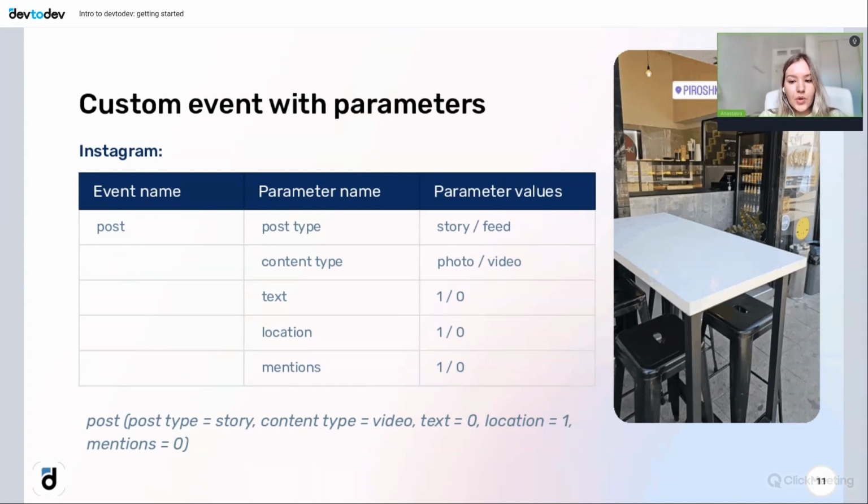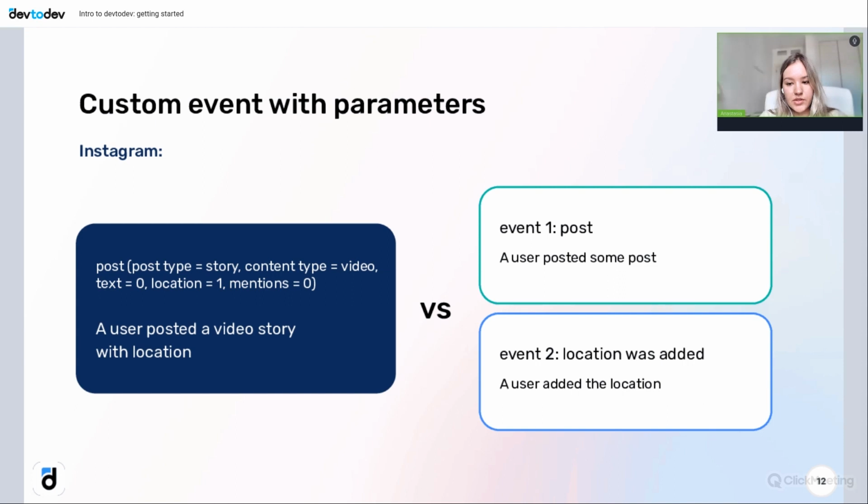And why is it important to use events with parameters? Let's imagine that we send an event without parameters, that a post was made, and another separate event that a location was added. That is, in these events, there would be no additional data, I mean parameters.